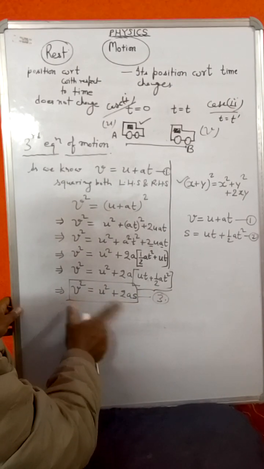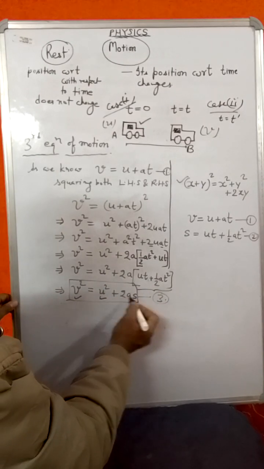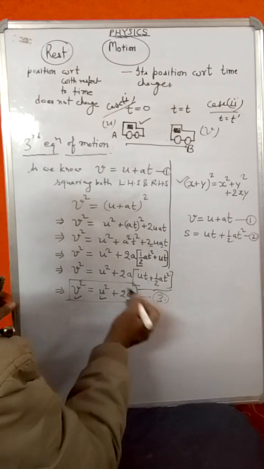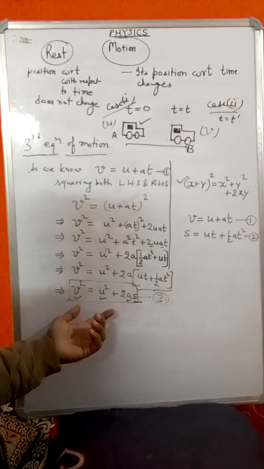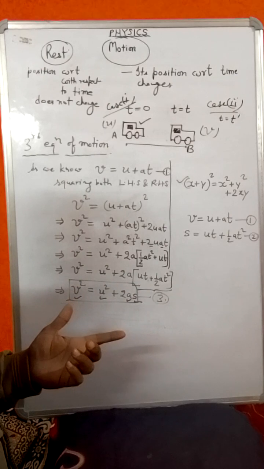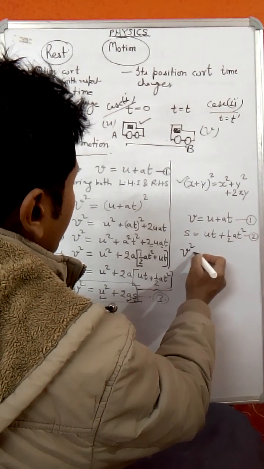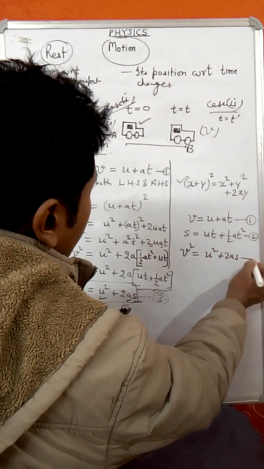This equation contains v, u, a and s. 1, 2, 3, 4. Again 4 unknowns. Right? So any 3 may have been given and we need to find the 4th one. Correct? We can write the third equation of motion, v square is equal to u square plus 2as. Right?